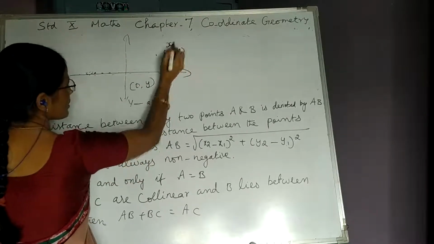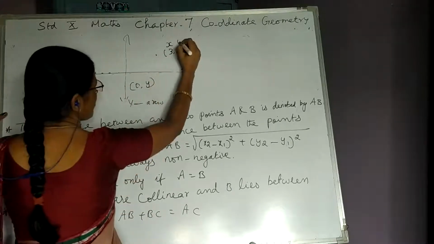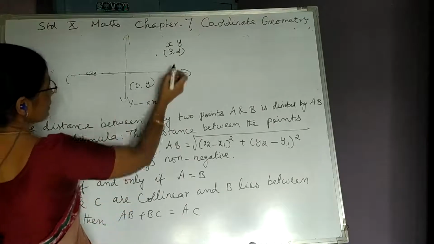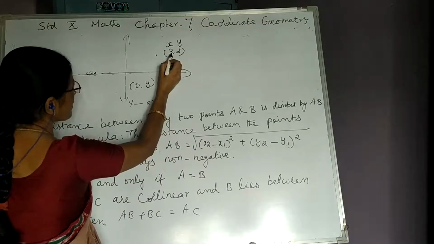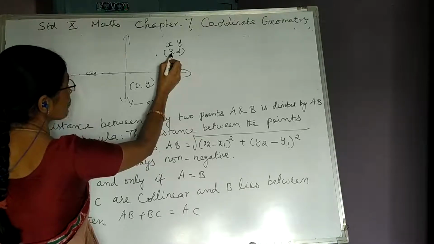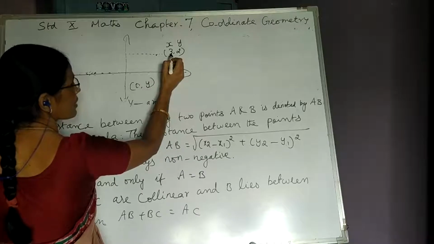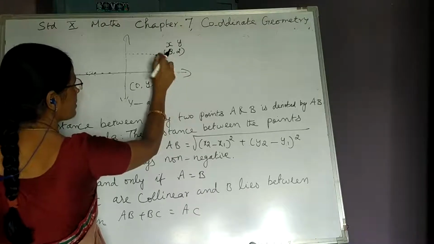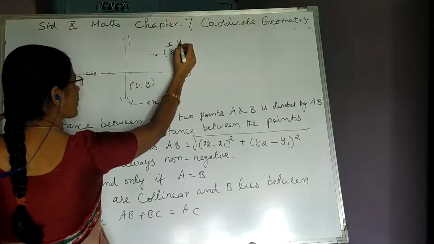This 3 we know is the x-coordinate. The very first number we take for x and the second number we take for y. This 3 shows the x-coordinate. This x-coordinate is nothing but its distance from the y-axis. The distance from the y-axis, that is 3. And 2 stands for the y-coordinate. What is the y-coordinate?